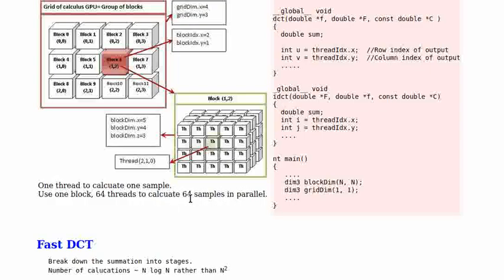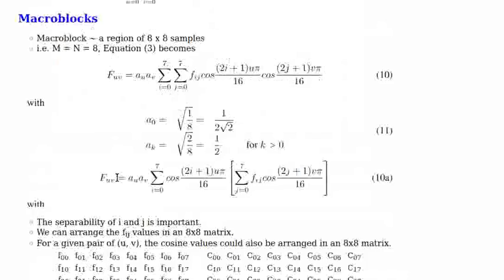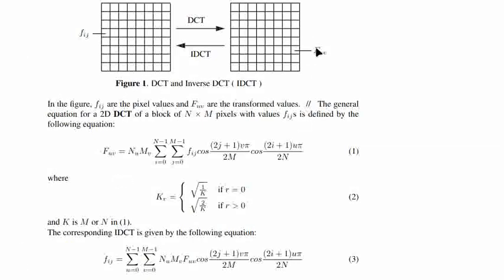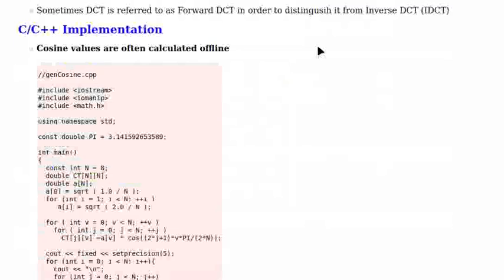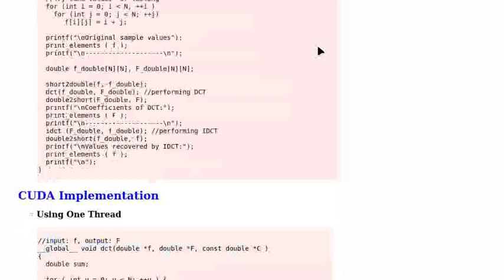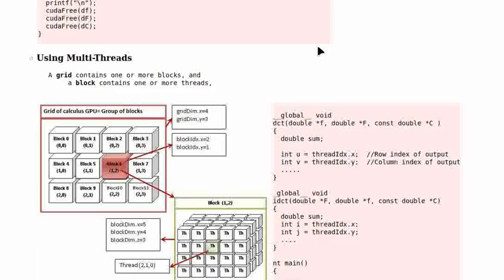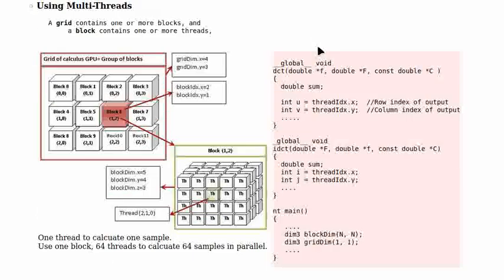Then each thread will take care of one UV, so one transformed value, one FUV. And so that means in our revised code, we can get rid of the for loop for v. That's been done by one thread.